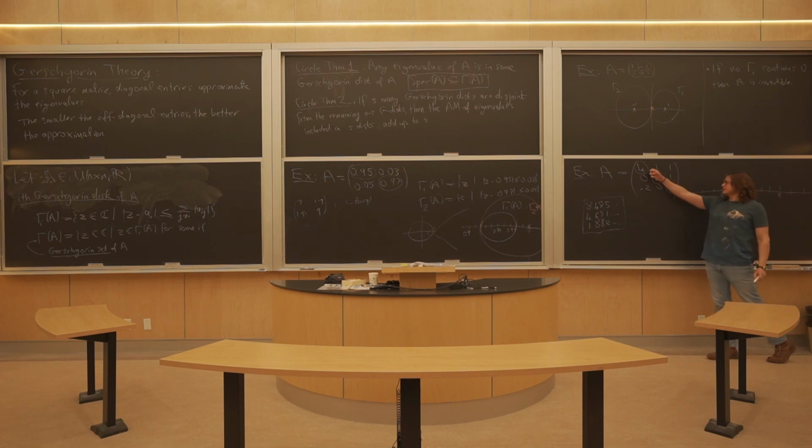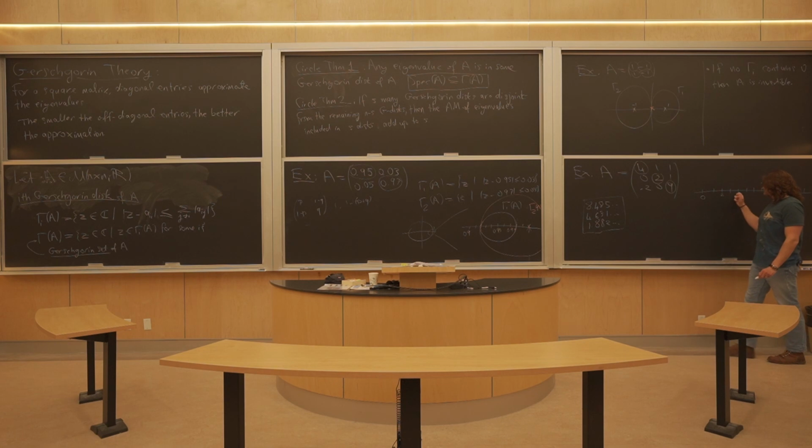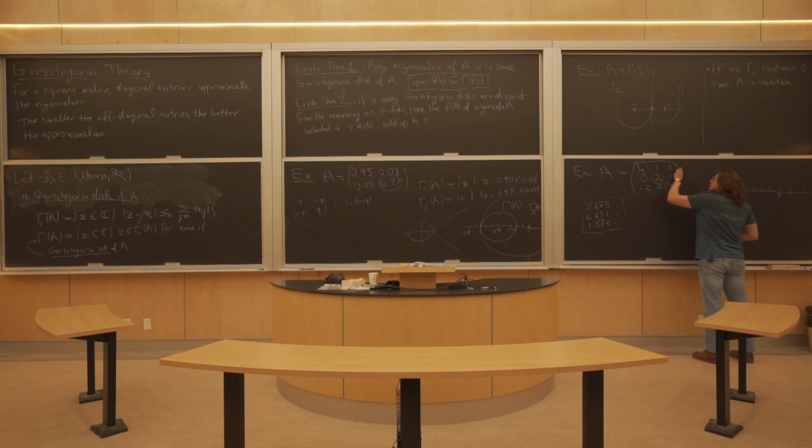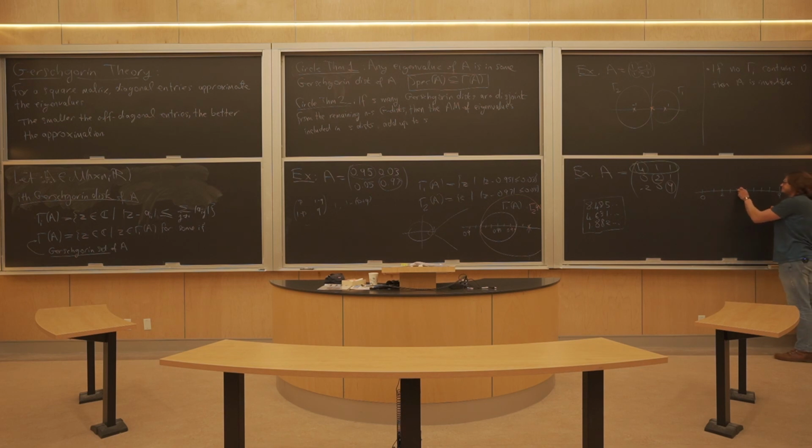Okay? So if I were to look at the first Gerschgorin disk, it has to have radius 2. So the first disk is going to be green. So it's centered at 4. And it's going to have radius 2. So it's going to be like this. That's my first disk. My second disk is going to be centered at 2, and it's going to have radius 1.